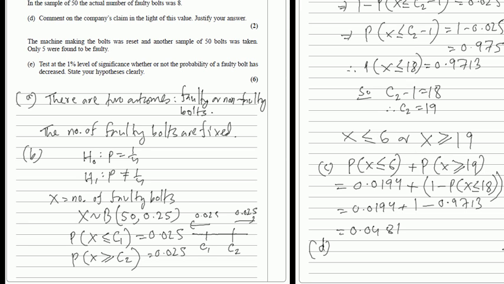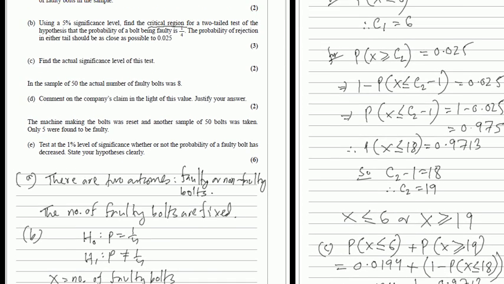If it is less than or equals to 6 and greater than or equals to 19, 8 is somewhere around here. It is not in the critical region. If it is not in the critical region, it is not significant. If it is not significant, we have to accept H naught.